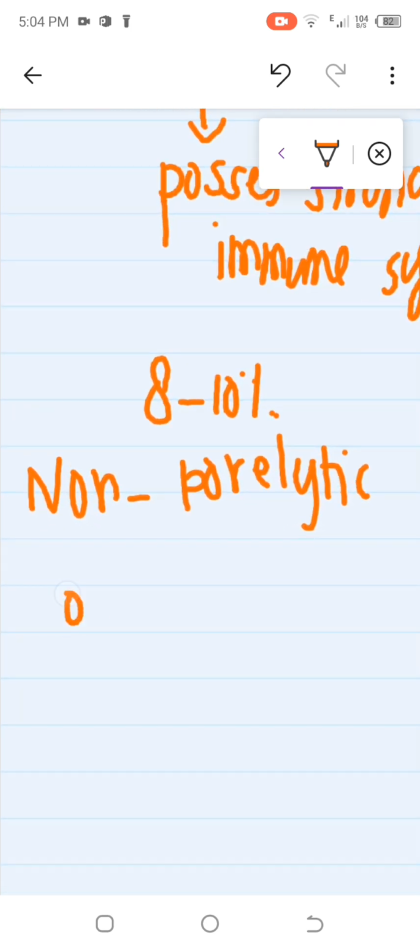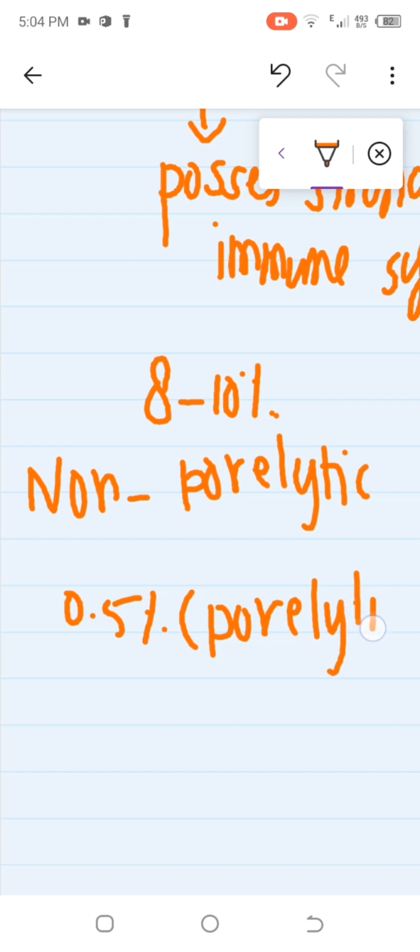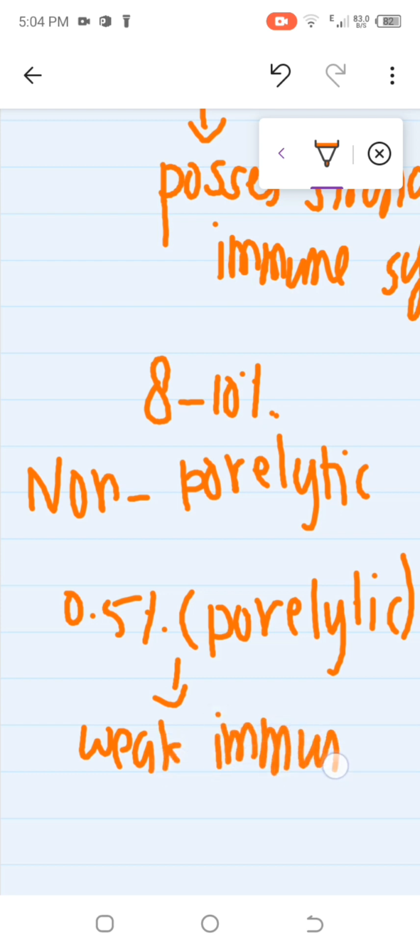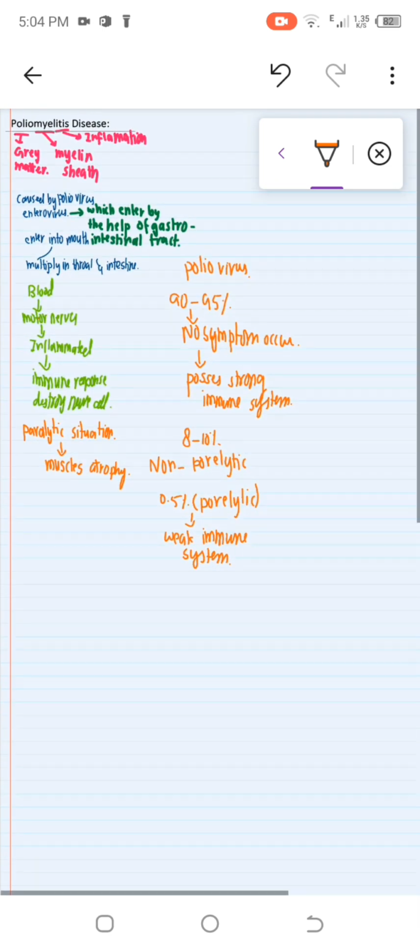But in 0.5%, the symptoms that occur are paralytic, which means they can kill the cells, and this occurs because the person has a weak immune system. Okay, is this clear?